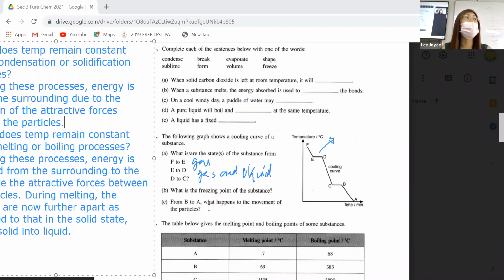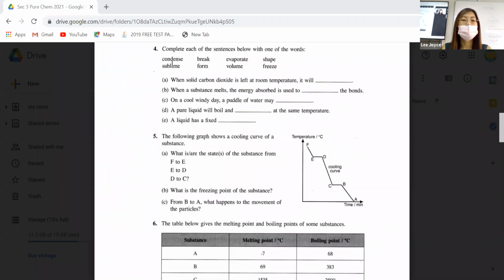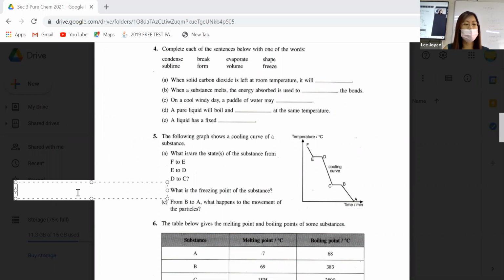How would you describe the movement of the particles when it moves from B to A? Can I clear all this writings? Can I? All right. Okay, so if you're asked to explain, if you look at this B to A, we know that this is the solid state, right? So how do we explain about the movement of the particles?